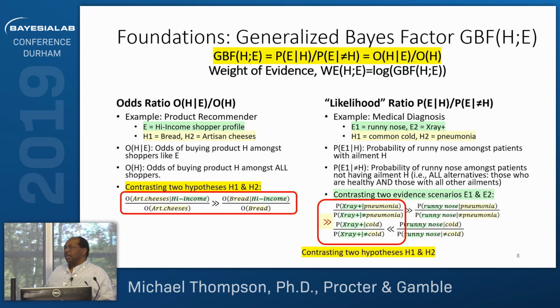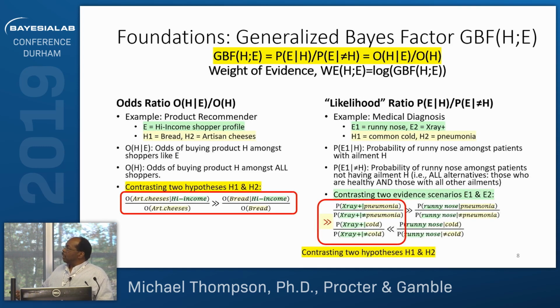So you could look at it either one way, for example, saying that given a patient has a runny nose, what's the probability of that symptom given either one of the conditions, divided by the probability of that symptom given not having that condition.